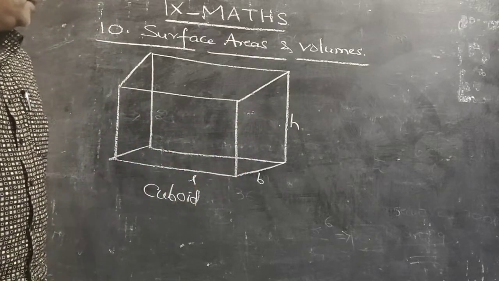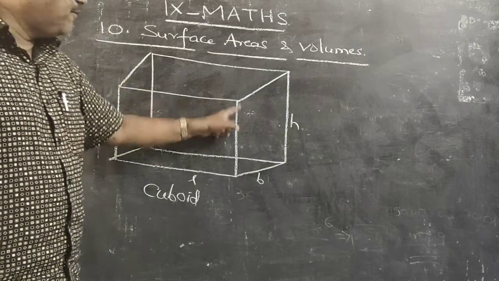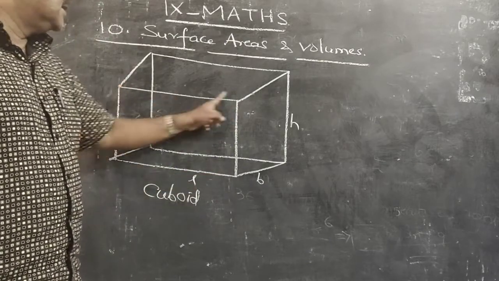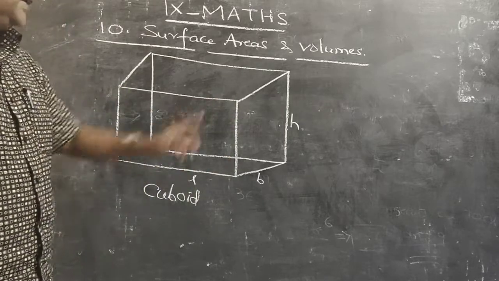This is the cuboid. So here all the faces will be in the shape of a rectangle. For a cuboid, 6 faces will be 6 rectangles.